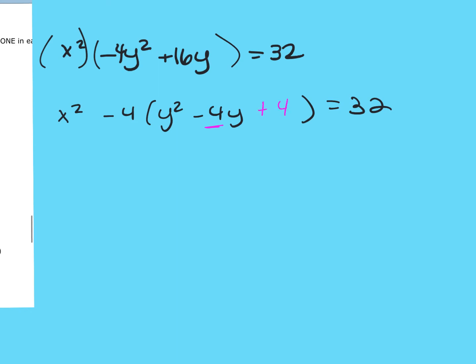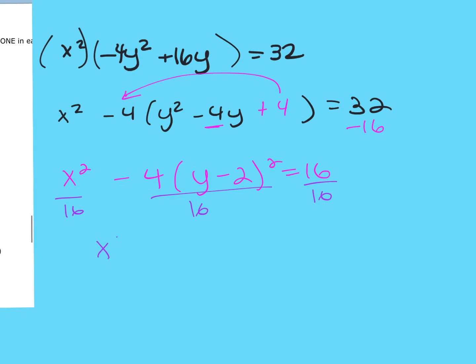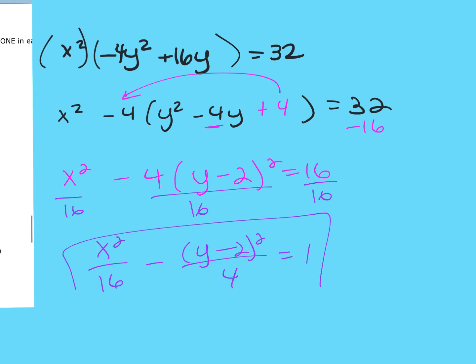I add the 4 in here, and I multiply it times the -4, which means we're going to subtract 16. So I get x squared minus 4, y minus 2 squared equals 16, and then you divide everything by 16. So it should have been x squared over 16 minus y minus 2 squared over 4 equals 1.